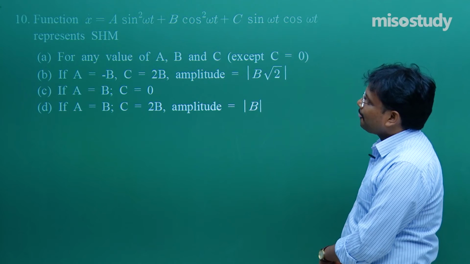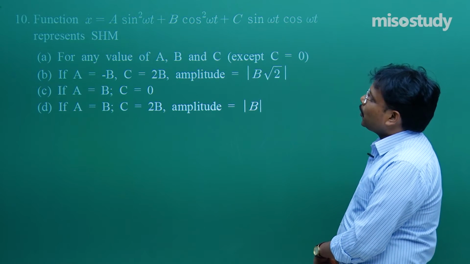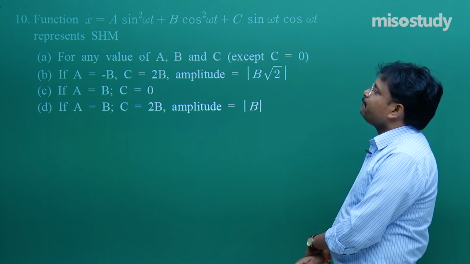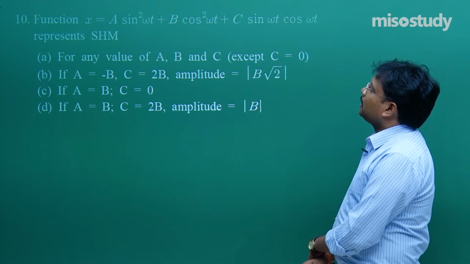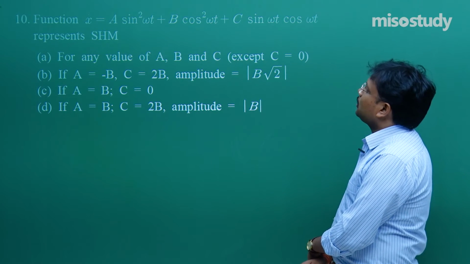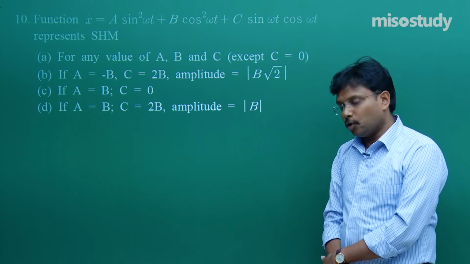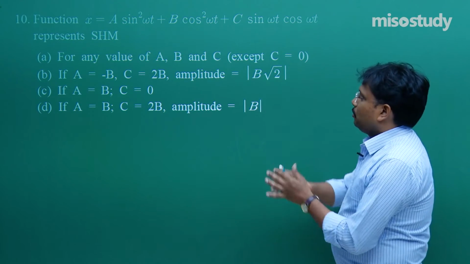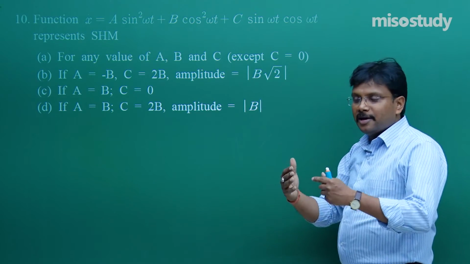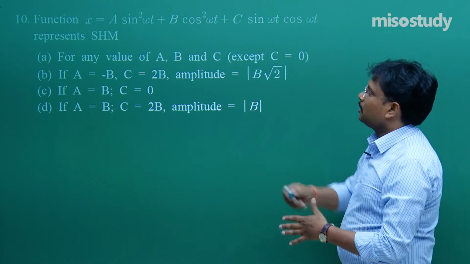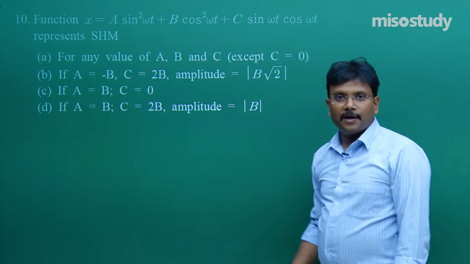Consider the situation. The function x is equal to a sin square omega t plus b cos square omega t plus c sin omega t cos omega t, and it represents SHM. Basically the question is this way. Here a function is given.